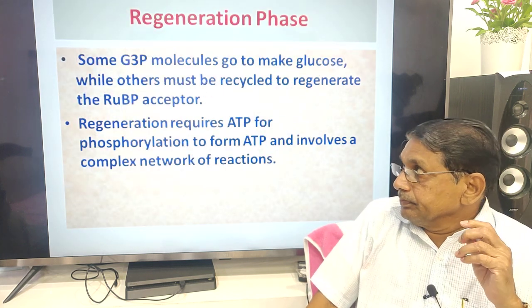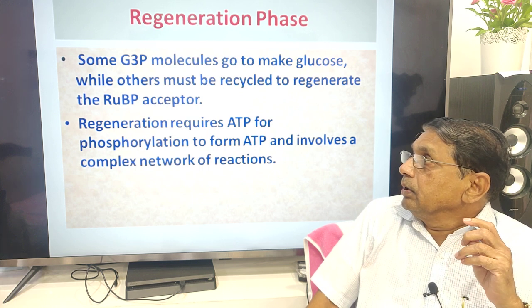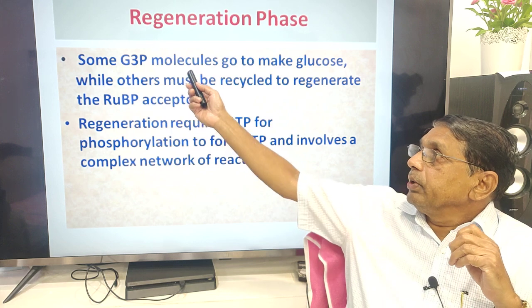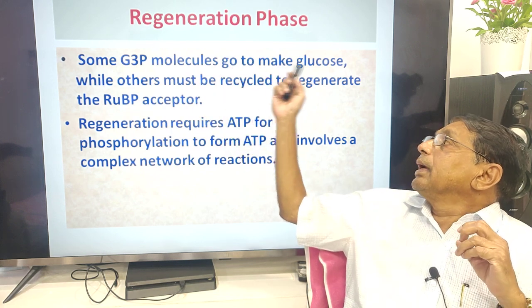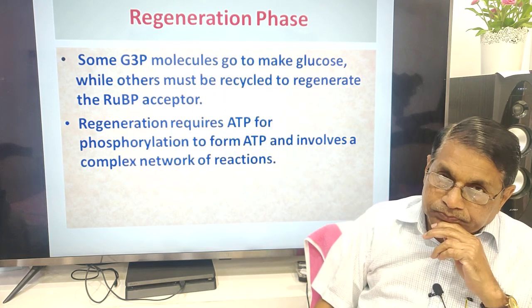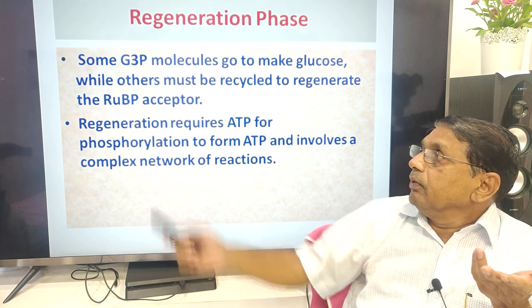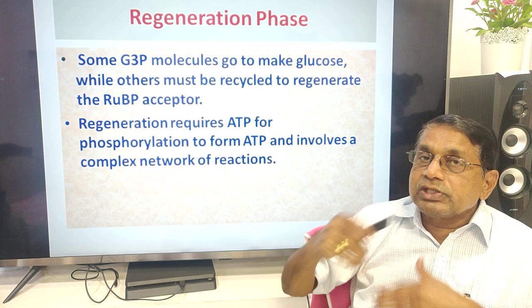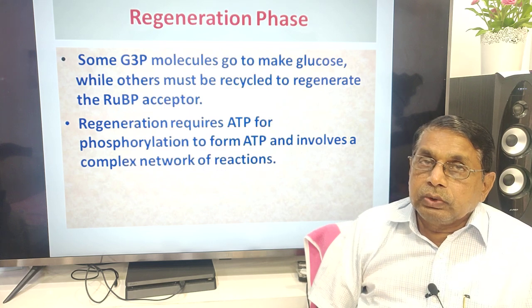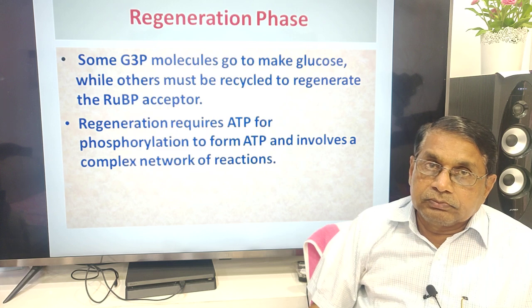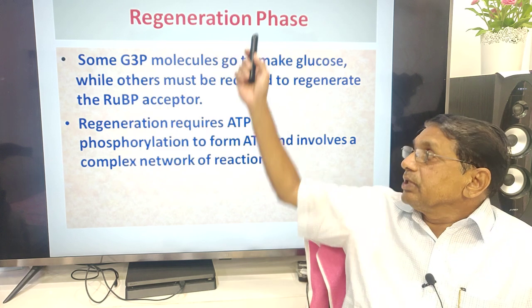Regeneration phase. Some glyceraldehyde 3-phosphate molecules go to make glucose. We require the glucose, while others must be recycled to regenerate the RuBP acceptor. So therefore it is called regeneration.